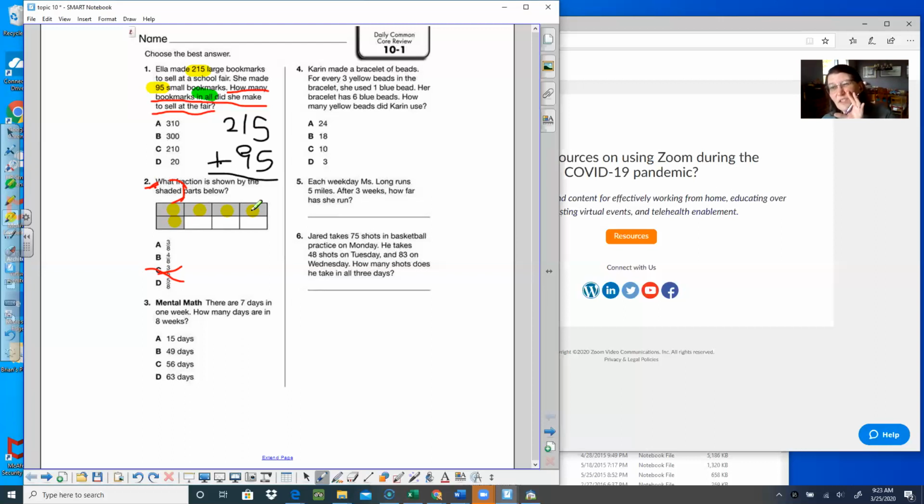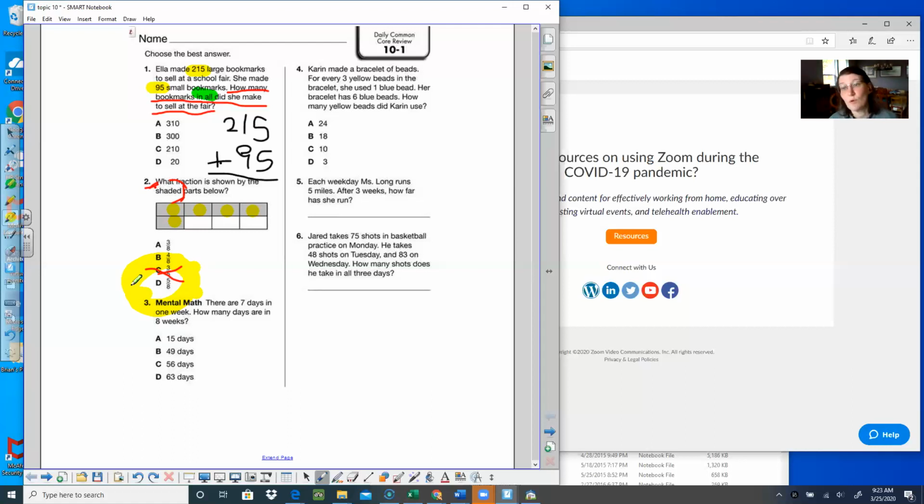I hope I hear you say 5. And now how many do we have for our denominator or our bottom number? Hopefully you're saying 8. So hopefully you went with 5/8 as your answer for number 2. On your paper for number 2, hopefully you wrote 5/8, just like I did.